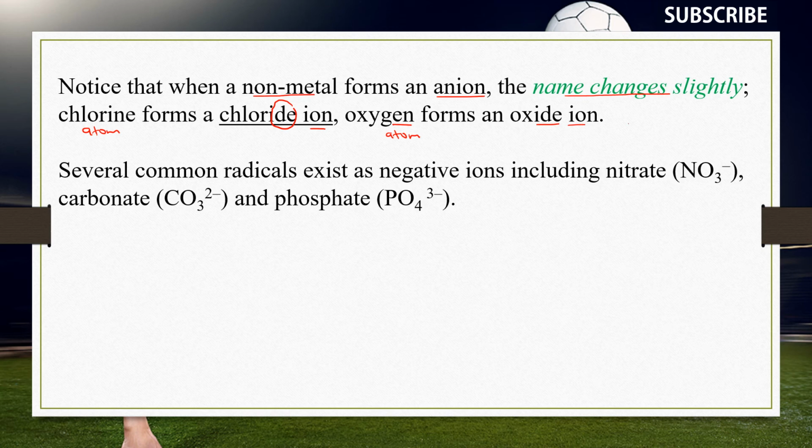So we have that slight name ending that changes. However, we also have some common radicals that can exist as negative ions. So we have the nitrate, the carbonate, and the phosphate. For the positive radicals, we have the ammonium radical.